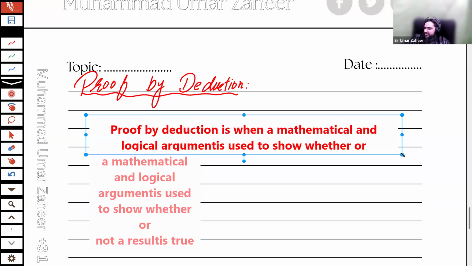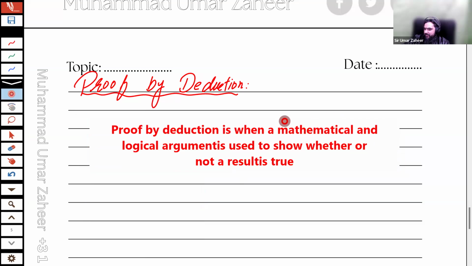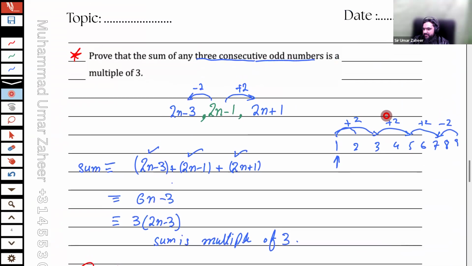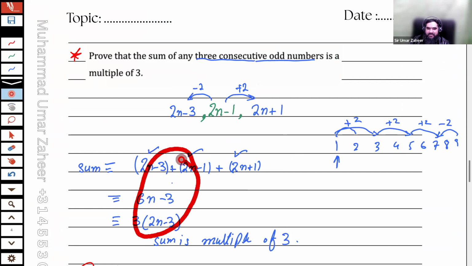So proof by deduction is basically you have to use some logic, and obviously use the maths arguments to show whether it is true or it is false. Like here, we have to use a general one. You do some mathematics and make the logic, and it is a multiple of 3.